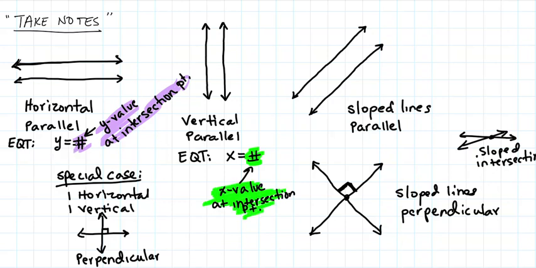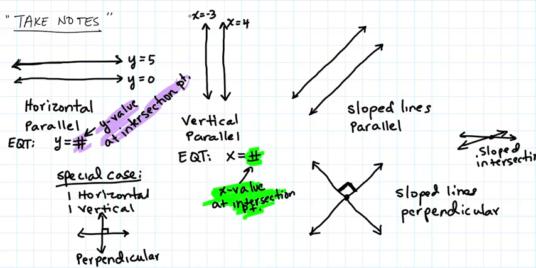I know it's really hard to think of y equals 5 as being an equation, but y equals 5 is an equation, or y equals 0. Vertical, x equals -3 is an equation, x equals 4 is an equation.